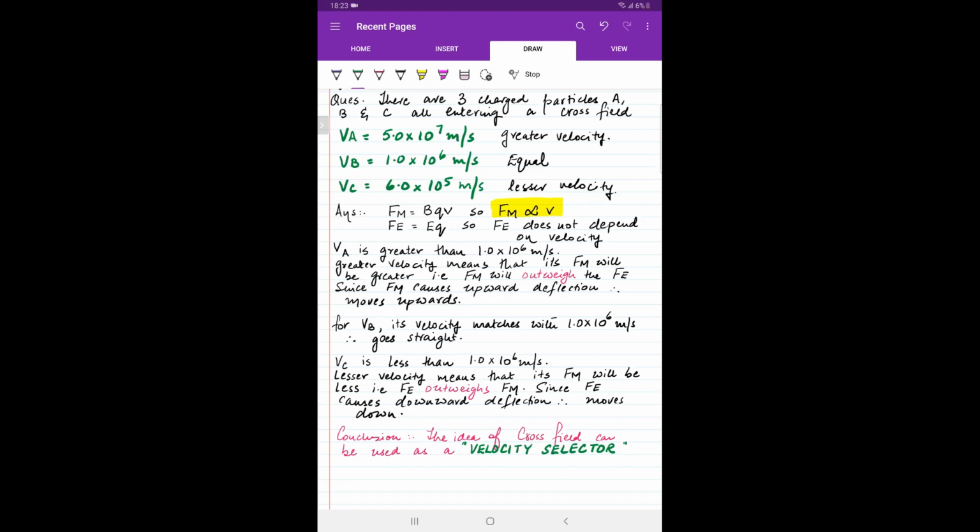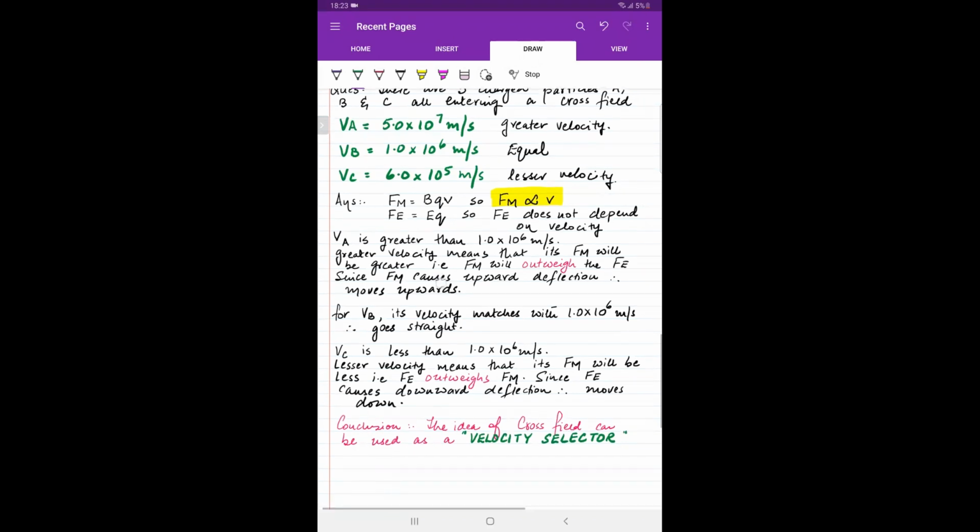Velocity selector का मतलब है we can select, we can separate, we can filter out particles traveling with a certain velocity and separate them from the rest of the lot. You're okay with my statement?